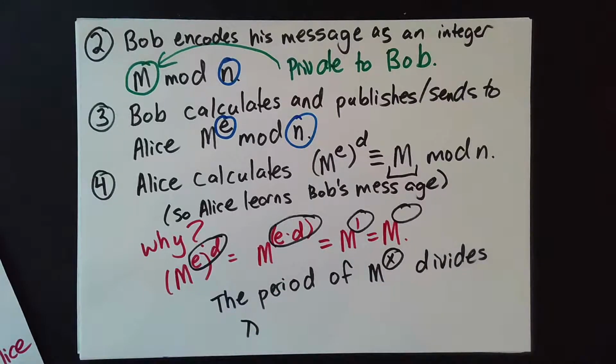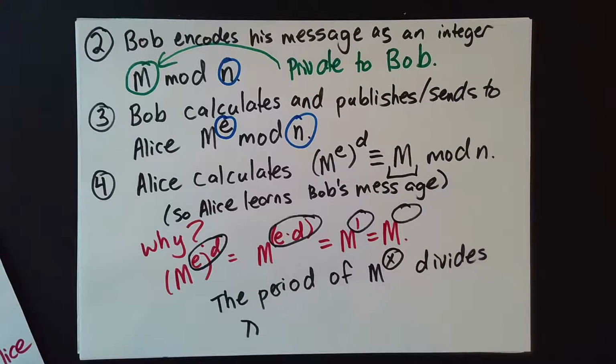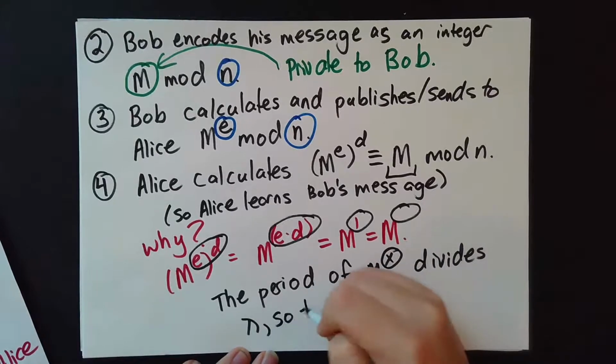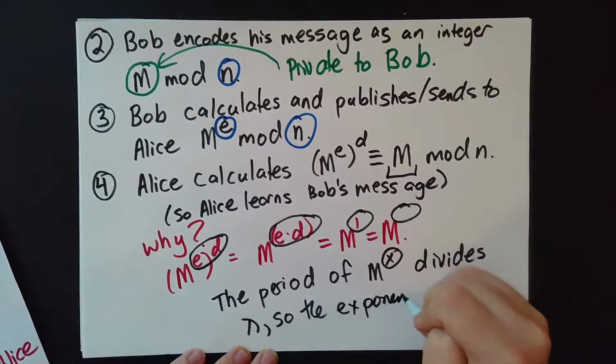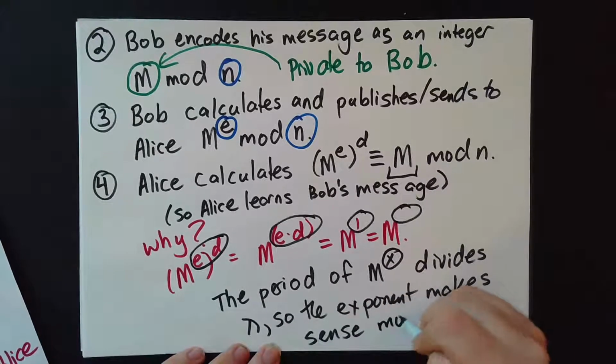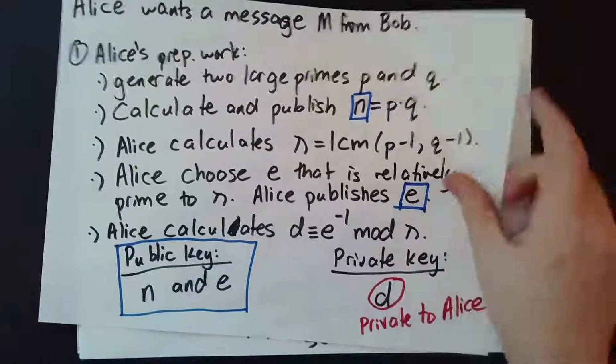And when I say the period divides lambda, that means every lambda that happens in the power just washes away, because this thing repeats every lambda over and over and over again. And so what that really tells us is that the exponent makes sense mod lambda. And this is why it's important that, in fact, D is E inverse mod lambda.